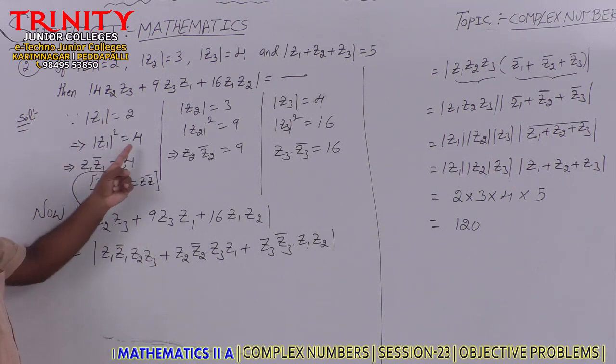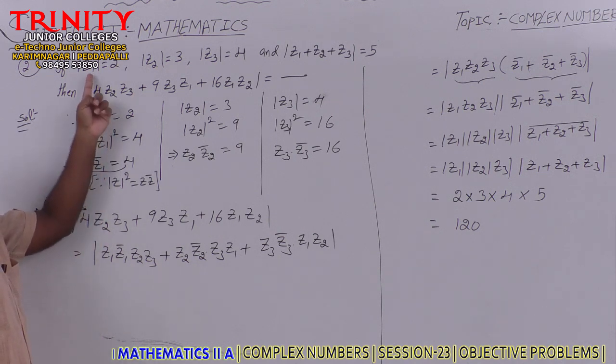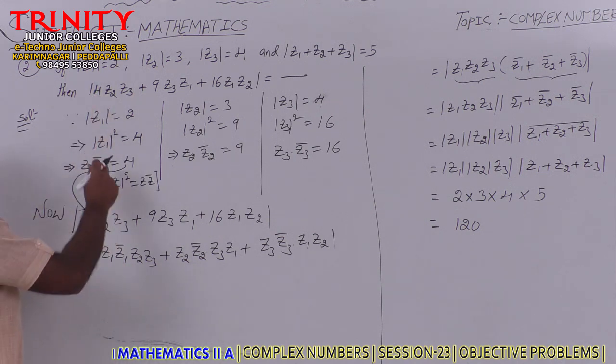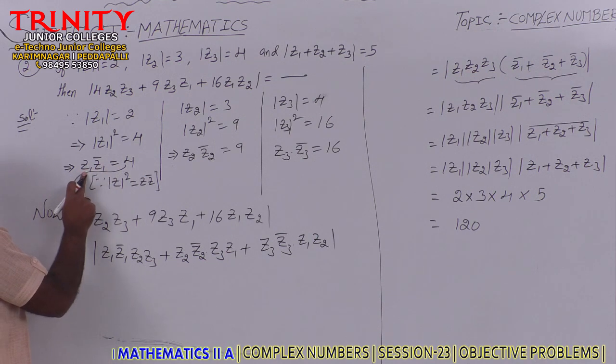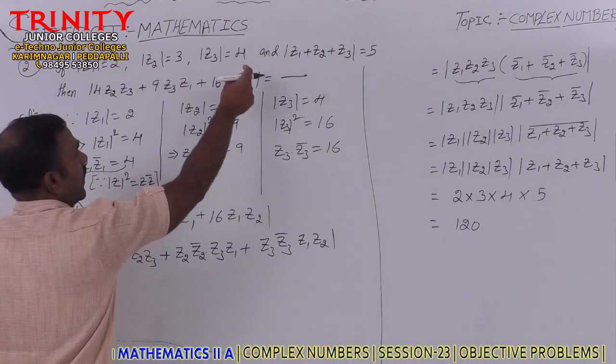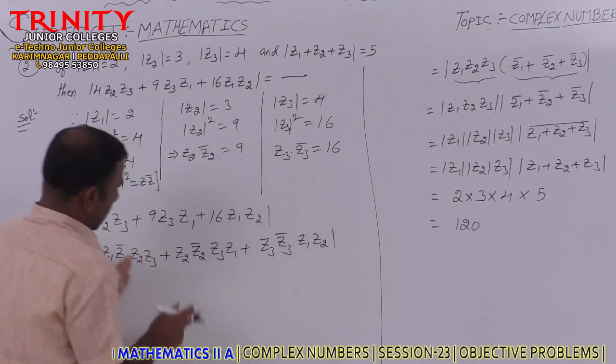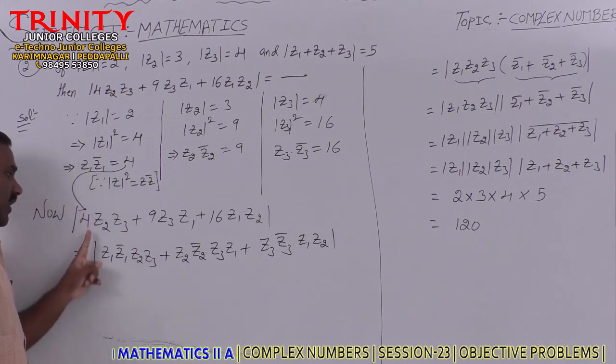Why are we going for squaring on both sides? Because the 4 in 4 z2 z3 is nothing but mod z1 square. That mod z1 square we express as z1 into z1 bar. Similarly, mod z2 and mod z3 are also expressed as z2 z2 bar and z3 z3 bar, and those values we have replaced in the given condition.